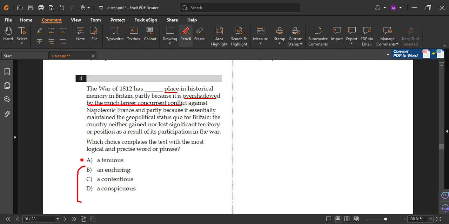But what does the letter C mean? Contentious means to cause or make disagreement, but it does not describe the place. Here it means tenuous, because tenuous means overshadowed, uncertain. That's why letter A is correct.